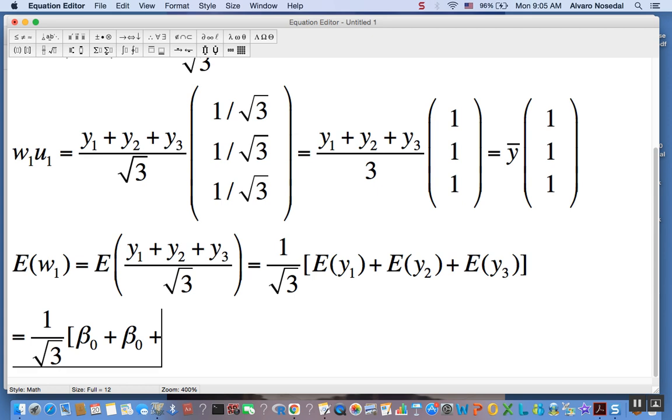Oops, sorry. And that would be 3 times beta 0 over the square root of 3. So what we end up with is the square root of 3 times beta 0.